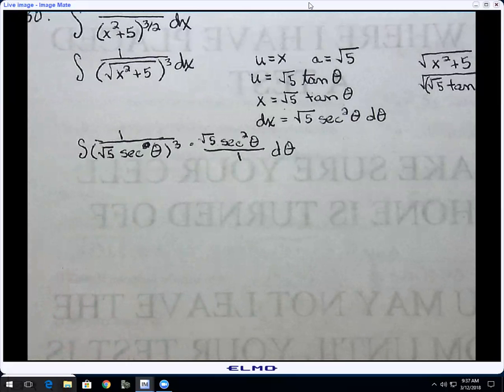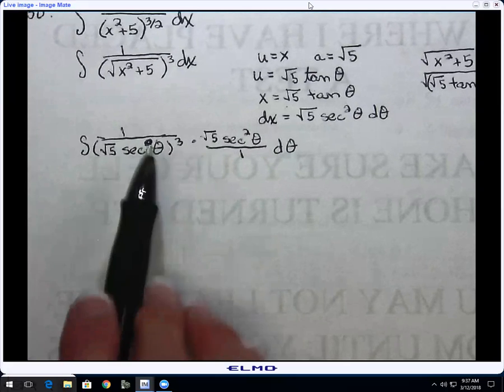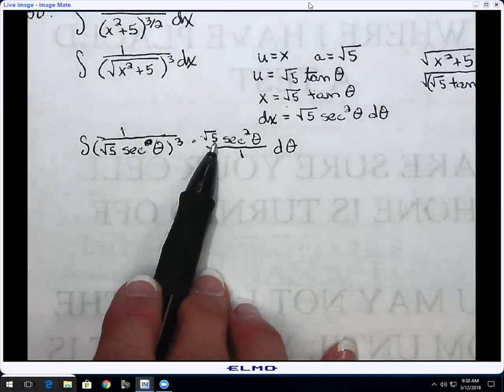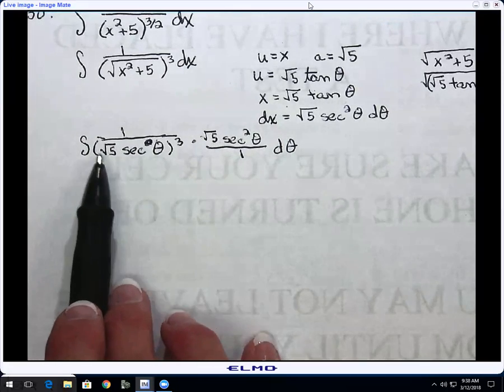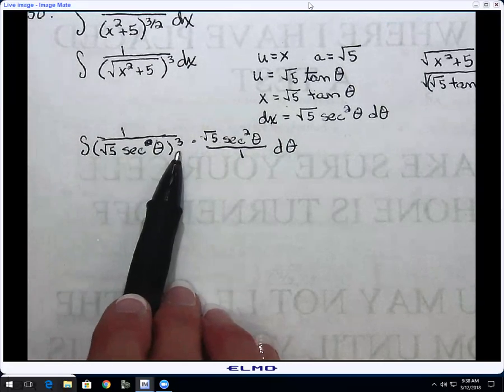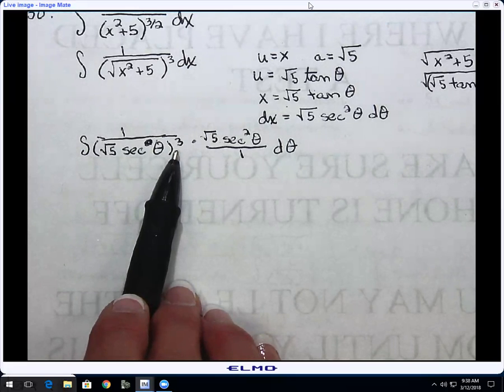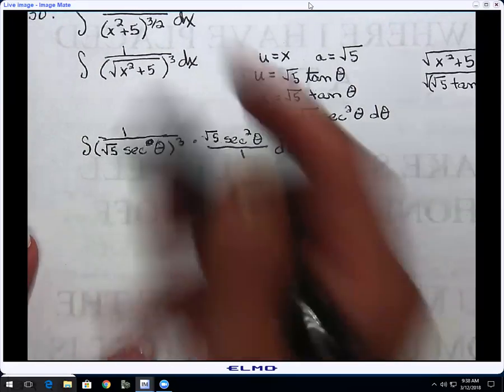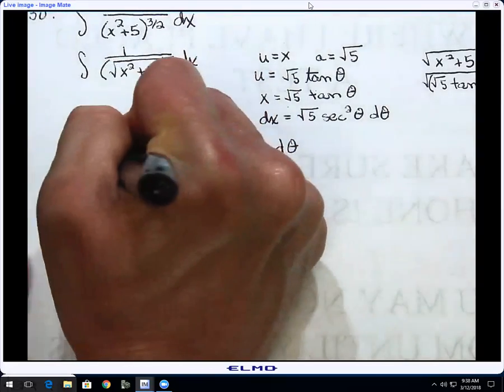All right, let's clean up the constants first. What is square root of 5 divided by square root of 5 cubed? I can put in a middle step if I need it.